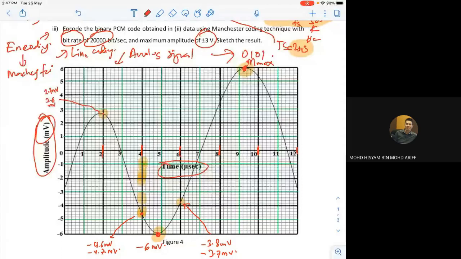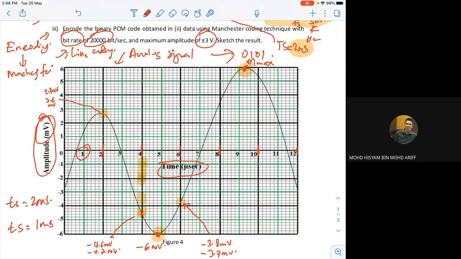Sometimes when you calculate, you got 1 microsecond, sometimes 2 microsecond, depending on the sampling frequency you got. In this question, after you find Ts equals 2 microsecond, that's why you sample at t equals 2 microsecond, 4 microsecond. If your sampling time is 1 microsecond, it's different. You start with 1 microsecond to obtain the value of the analog signal.